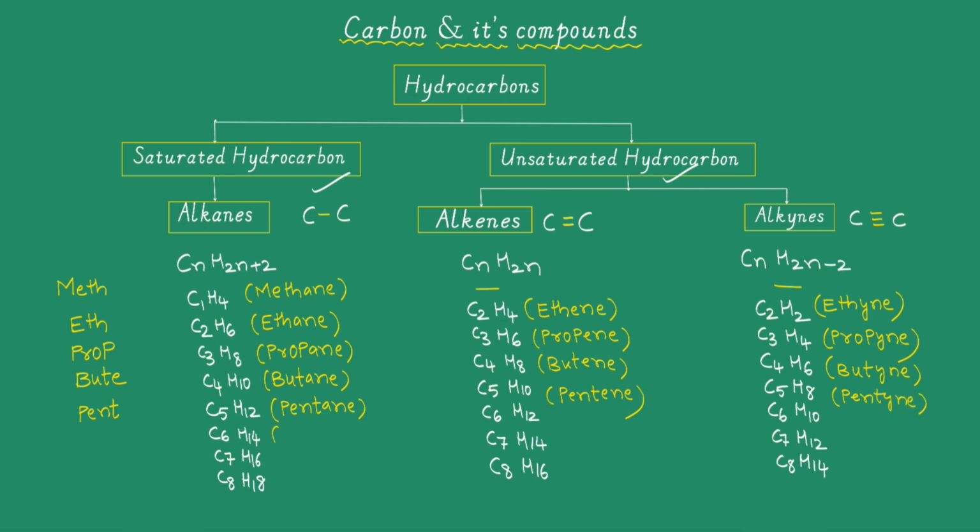Similarly, if there are 6 carbons, the prefix is hex. Then here it will be hexane. This will be hexene, and this will be hexyne.